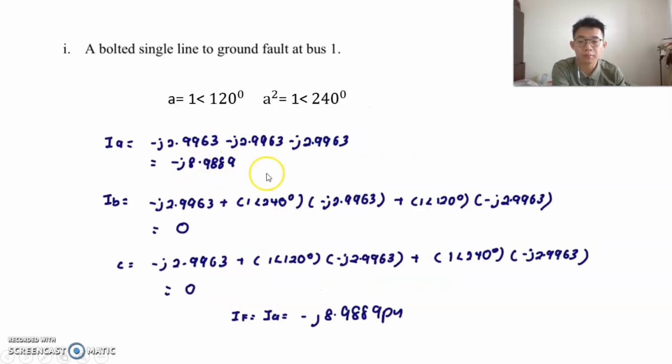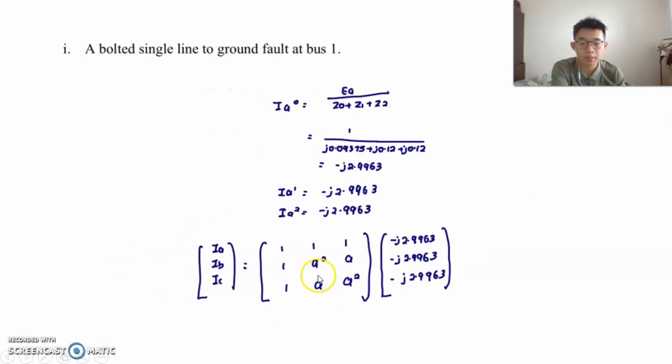By solving the matrix, we get IA equals negative J8.9889, IB equals 0, and IC equals 0 as well. From the matrix we saw just now, there's A and also A squared component.